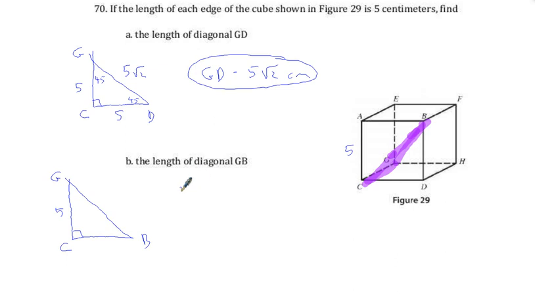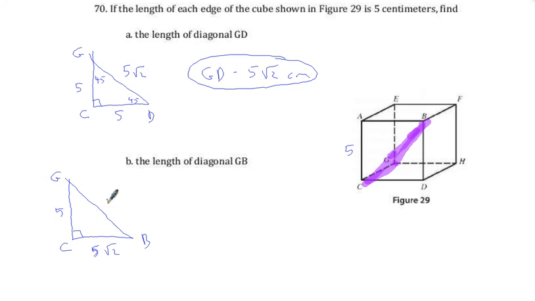It is an edge of the cube. CB, however, is a diagonal on one of the faces. Well, we just solved for that up in the first part of the problem. So CB is 5 square roots of 2 centimeters.